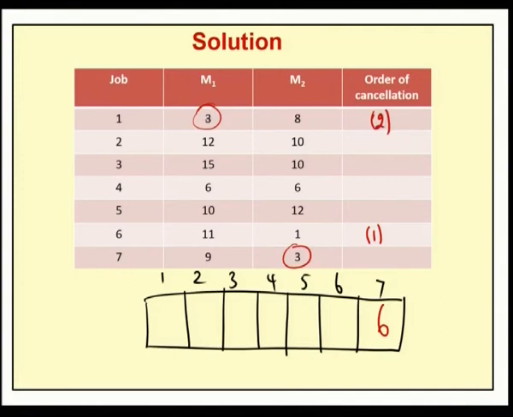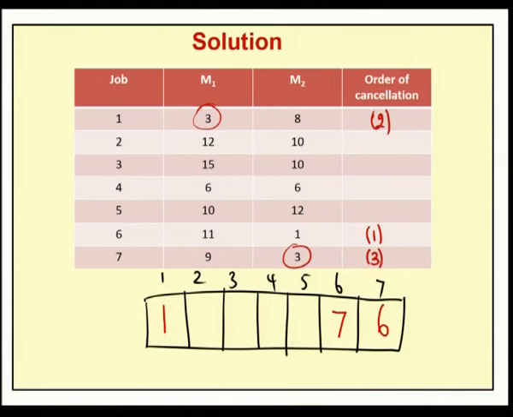Since this minimum occurs under machine 1, job 1 should be placed first. Next, the minimum 3 under machine 2 corresponds to job 7. Therefore, job 7 should be placed next to the last.